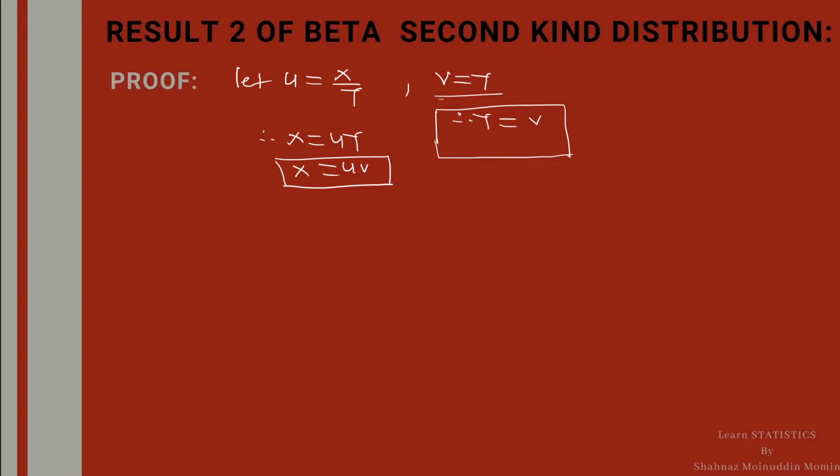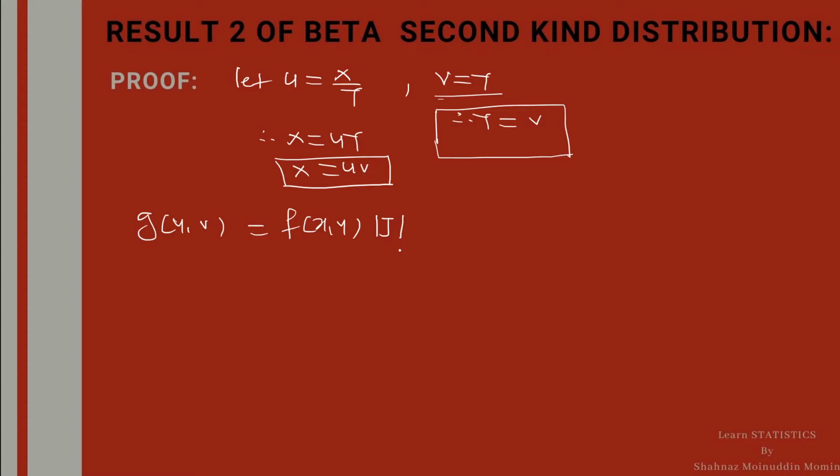Now by the theorem of bivariate transformation of random variables, the joint PDF of u and v is given by g(u,v) equal to the joint PDF of x and y multiplied by the absolute value of J, where J is nothing but the Jacobian of transformation. As I have already told you in the previous lecture, the Jacobian of transformation we have already learned in the subject mathematics, so in this lecture we are not going into the detail of what is Jacobian.